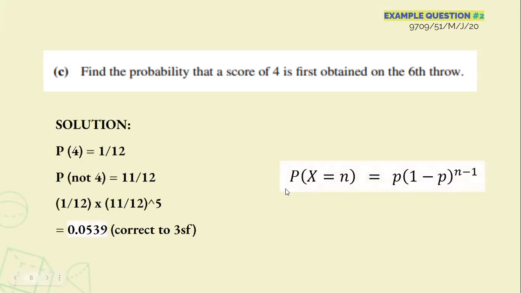So the probability that X equals 6 is p, which is 1 over 12, times (1 minus p, which is 11 over 12) to the power of n minus 1, and our n is 6 minus 1, which is 5. And then we'll input this into our calculator, and we'll get an answer of 0.0539. And don't forget to correct it to 3 significant figures to get the accuracy mark.